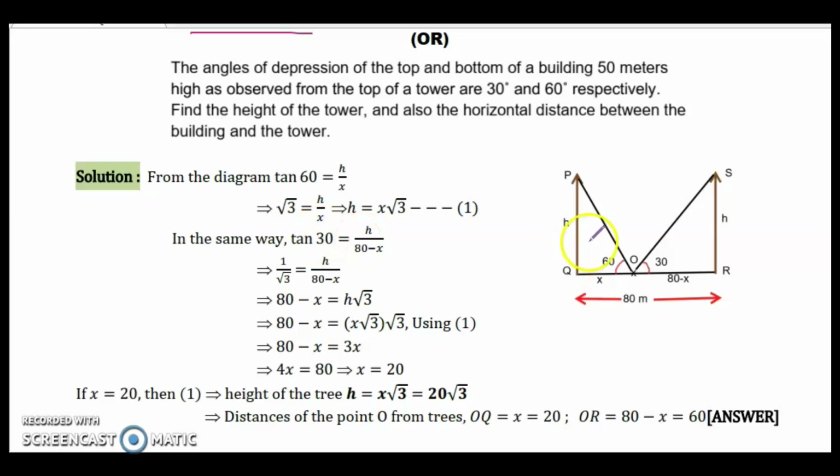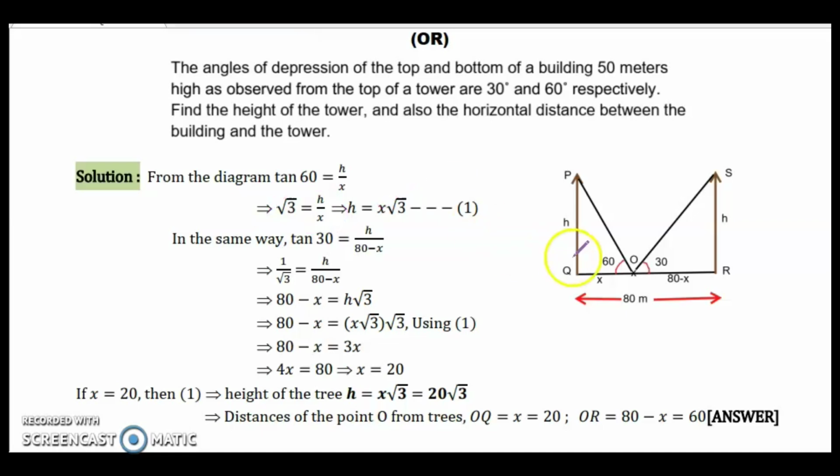Right. Therefore let us take h as the height of the palm tree. Based on the angle of inclination, we are evaluating tan 60. Based on which triangle? The first one, that is PQO. Therefore tan 60 equal to square root of 3, which implies h is equal to x into square root of 3.